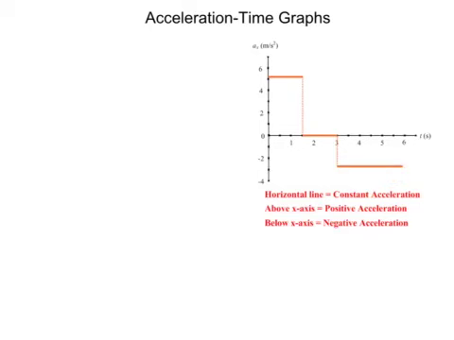So imagine this is like a car starting out from rest. It accelerates at this rate, then that acceleration goes to 0. What this means is that the velocity then would be a constant velocity at that point. And then finally the acceleration goes negative, so our object is slowing down at this point.